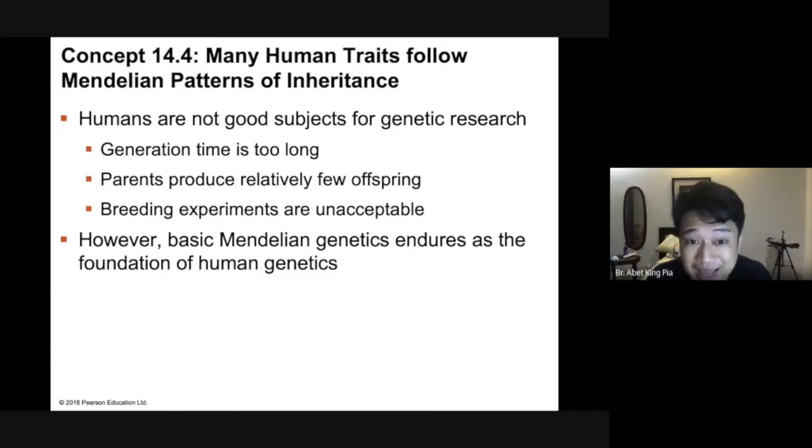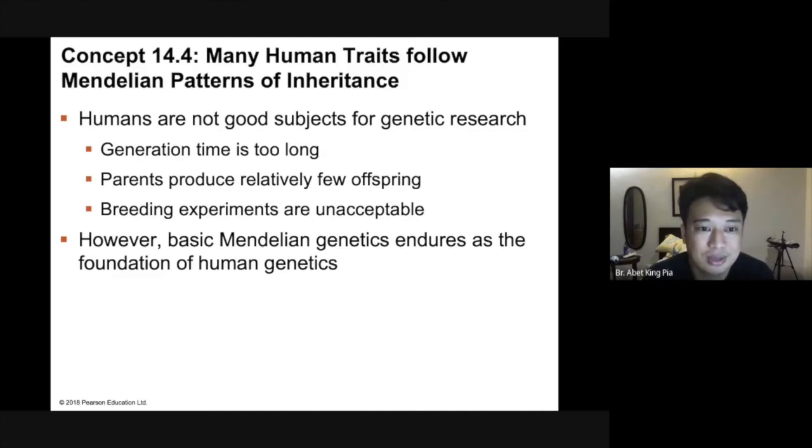Yung simple na nga lang na magre-research ka halimbawa sa mga survey, kailangan pa may mga forms kang ipapapirma sa mga magsasagot ng forms bago mo gawin yung activity. So, it's unethical talaga to do genetic research on humans. Not unethical, pero maraming concerns naman when we do genetic research on humans.